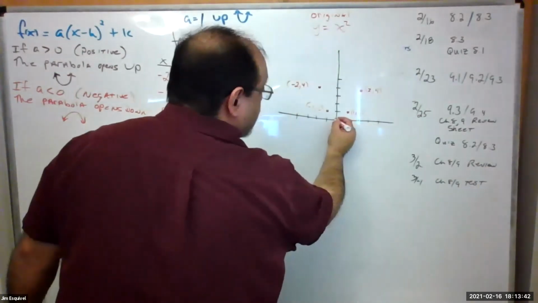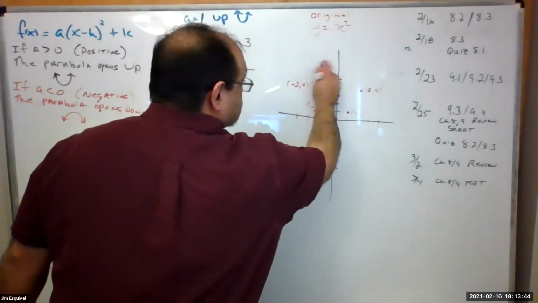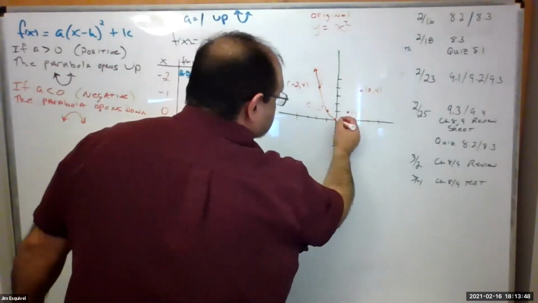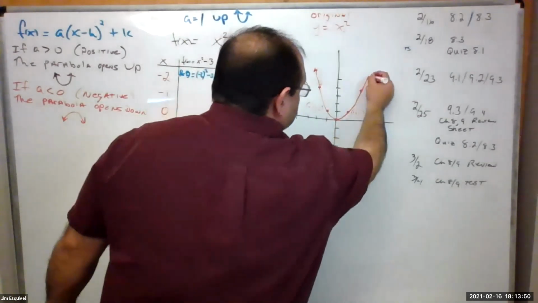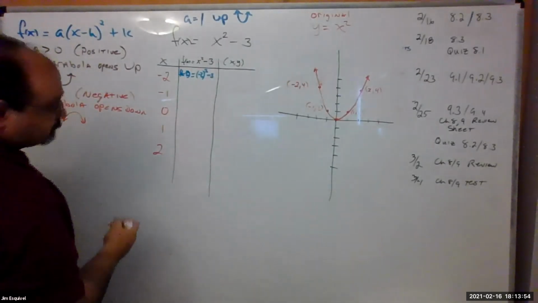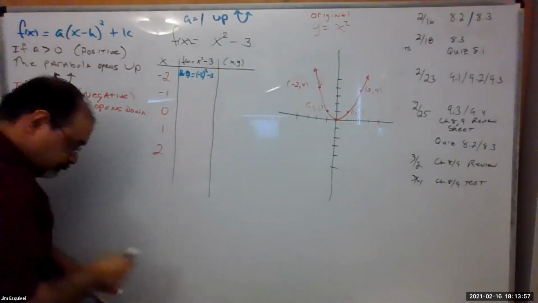So we can just do a comparison, so you can see what the -3 does to it.